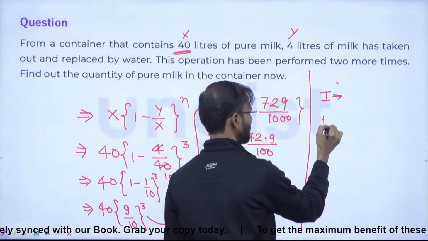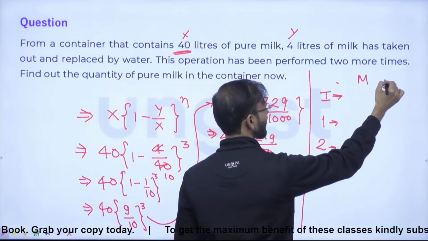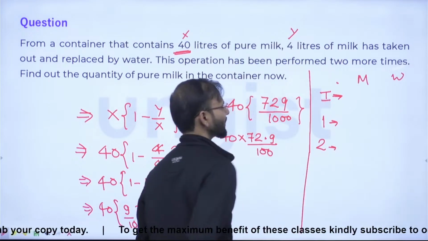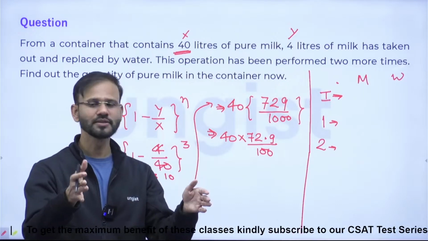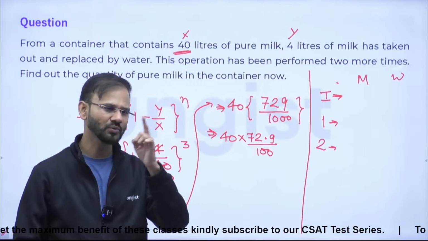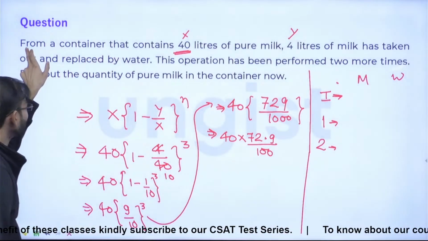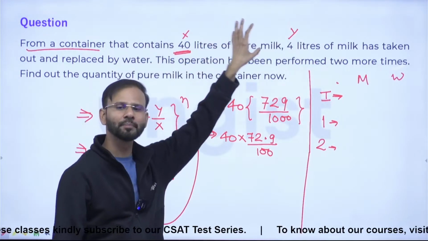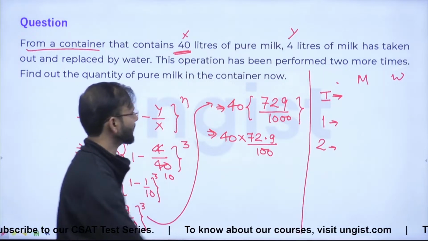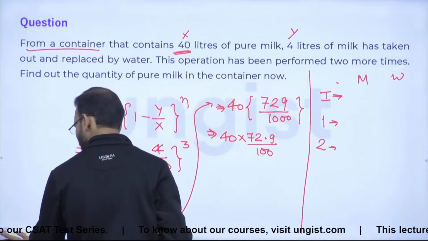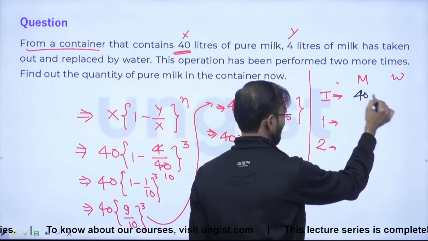After one operation, after two operations, and this was milk and this was water. Guys, initially the amount of milk in the container was 40 liters and water was 0. Correct? Just look at the question: from a container that contains 40 liters of pure milk. So here only milk is there, water content is 0. Right? So initially, I'm just changing the color of the pen so that you can differentiate. This is 40 and this is 0.